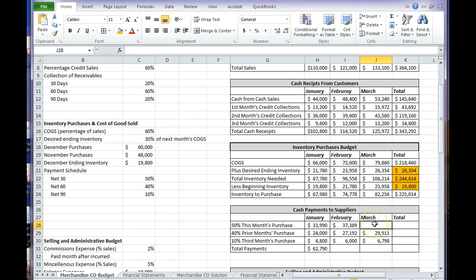All right. And in March's payments here, $82,000, we're paying 50% of it. All right. So now I can sum these up. This is how much we paid in February. This is how much I paid in March.